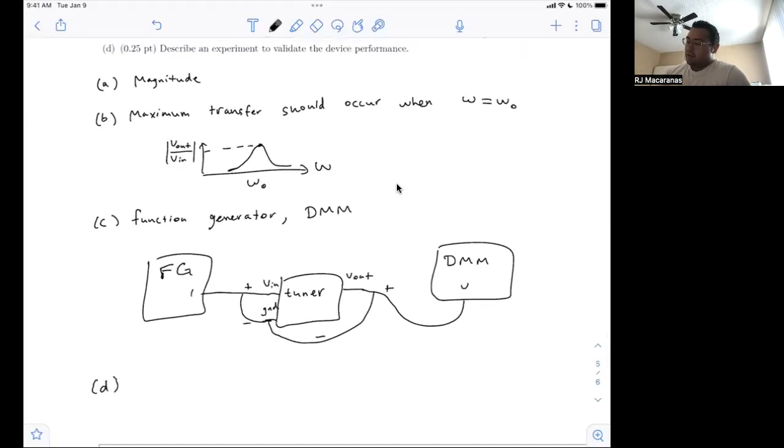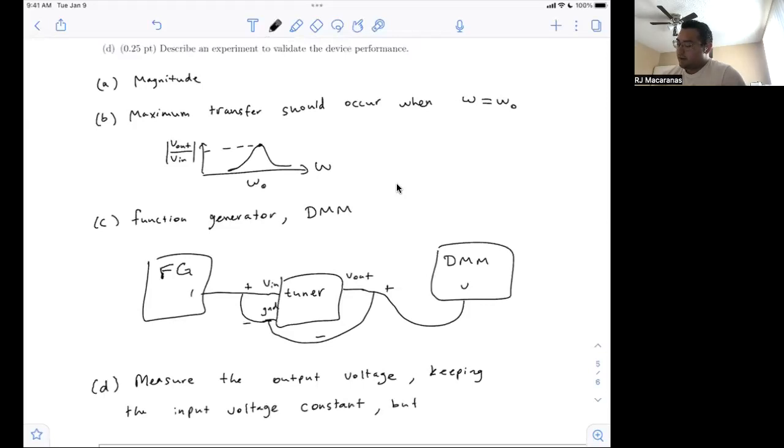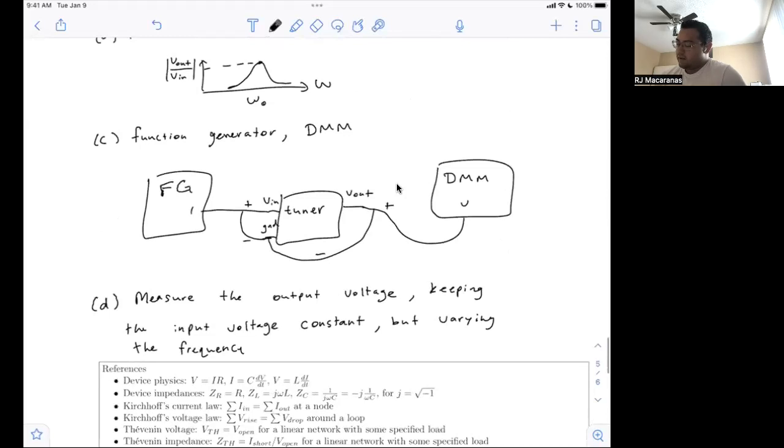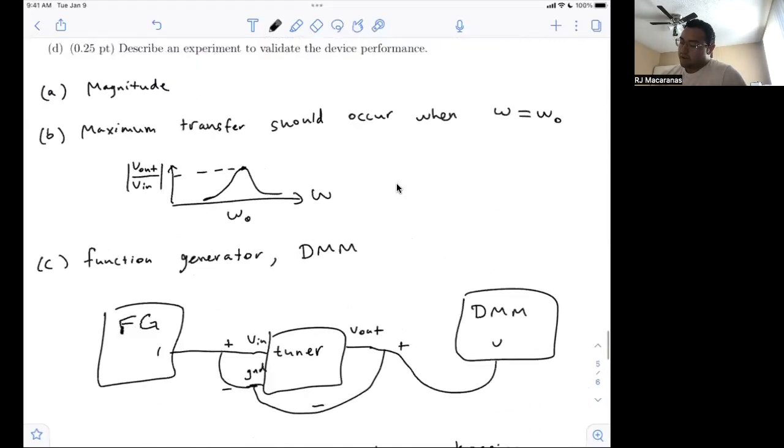So, describe an experiment to validate the device performance. We would measure the output voltage, maybe keeping the input voltage constant, but varying the frequency to plot something similar to what we wrote out in B. So we wrote this plot out and we would change the frequency.